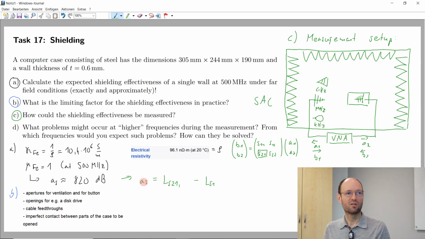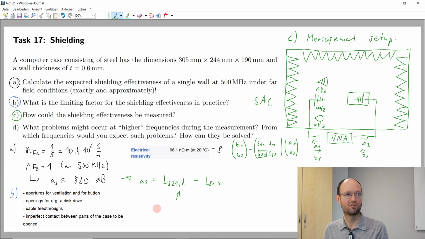Here at the end we want to get something positive, right? Because shielding efficiency should be positive. So we need a larger number minus a smaller number. So I think for our coupling, we need the larger coupling minus the smaller coupling. So this should be without the shield, or let's say the direct path, and this is the shielded path.